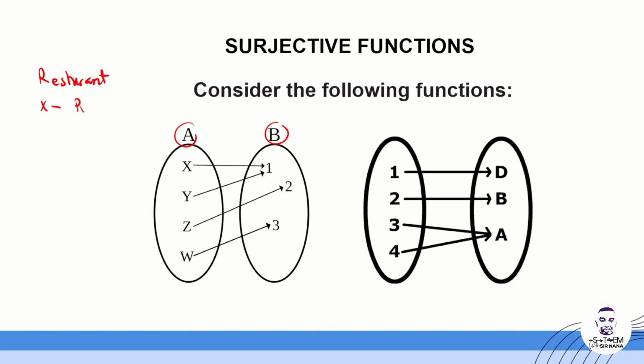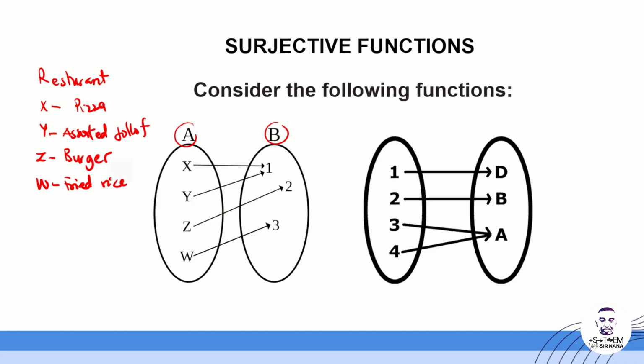S is pizza, Y is some assorted jollof, as some of you, I know you like assorted jollof a lot, Z is some burger, and W is fried rice.